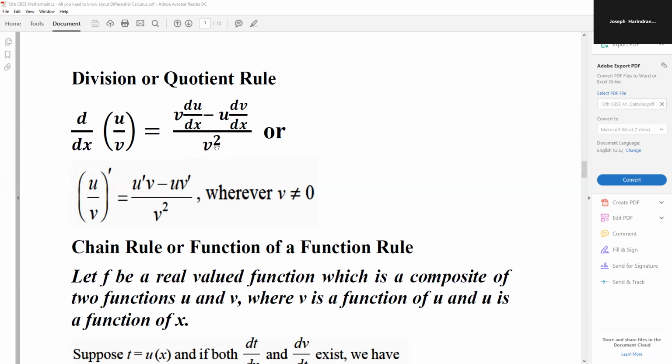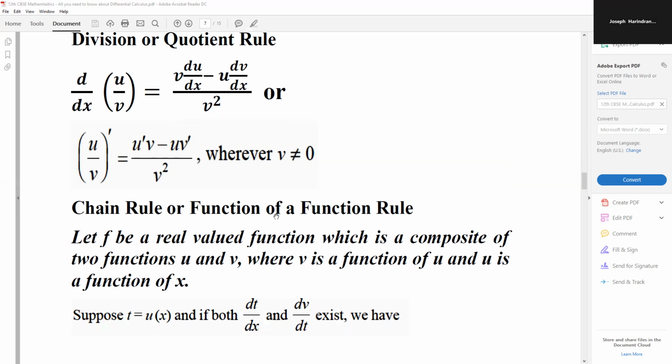We differentiate this way and we put v into du by dx minus u into dv by dx, or u by v the whole dash is equal to u dash v minus u v dash, whole divided by v squared, wherever v is not equal to 0.